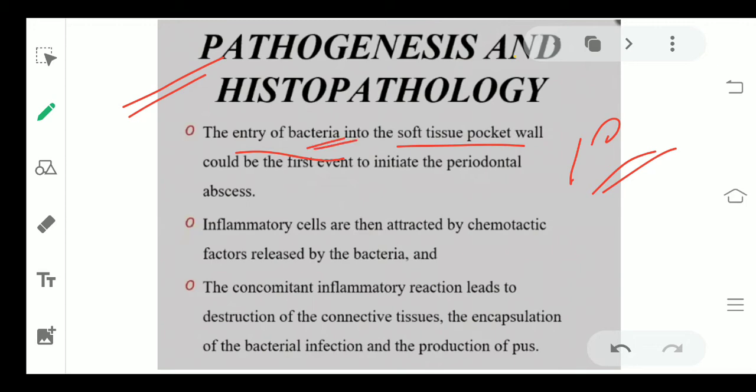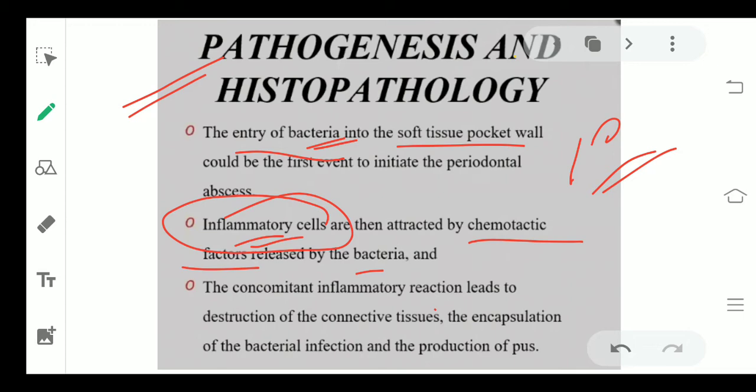They will attract inflammatory cells towards them, through chemotactic factors. There are certain chemotactic factors released by the bacteria which have entered our pocket, and these will attract the inflammatory cells.